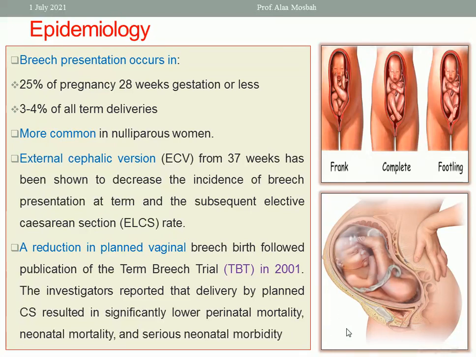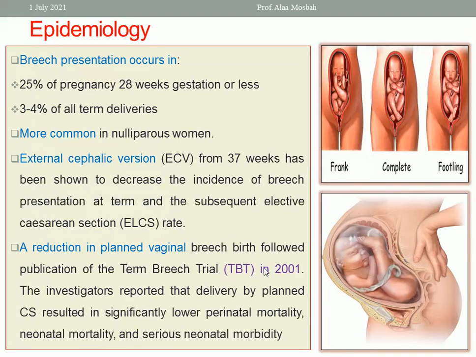A reduction in planned vaginal breech birth followed publication of the Term Breech Trial in 2001, in which the investigators reported that delivery by planned cesarean section resulted in significantly lower perinatal and neonatal morbidity and mortality. And actually, this study made changes all over the world.